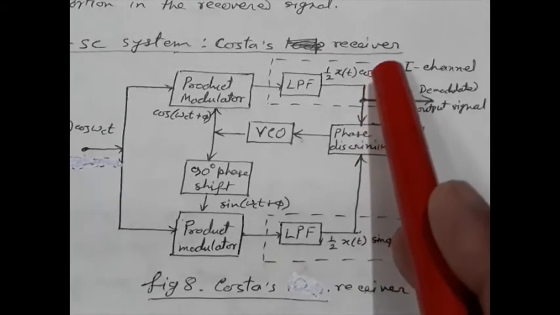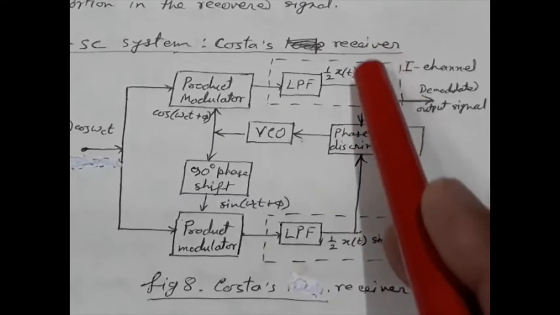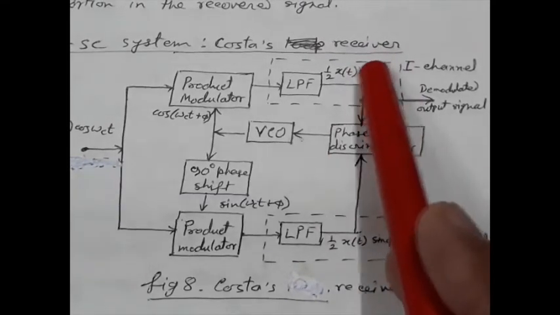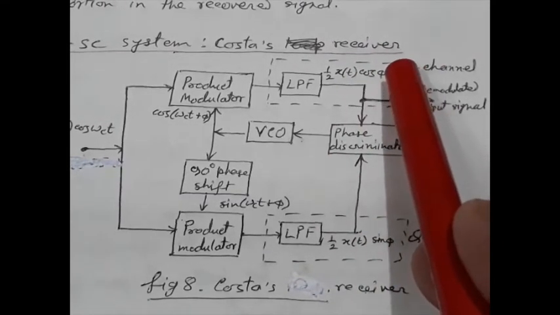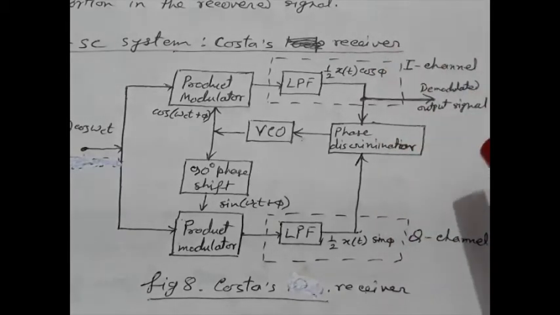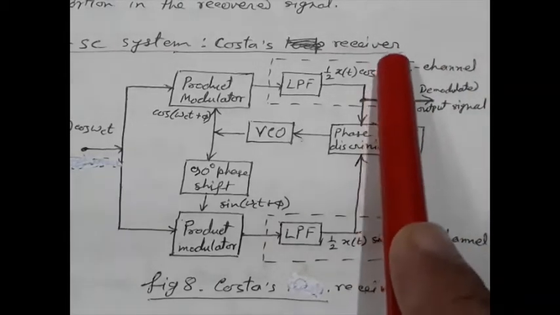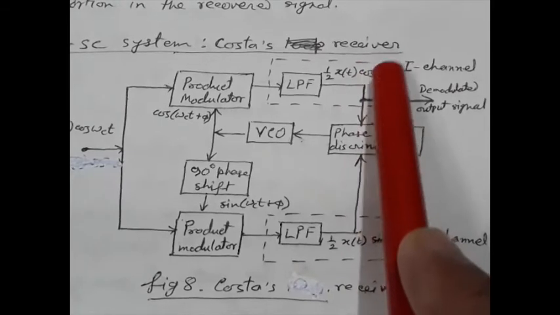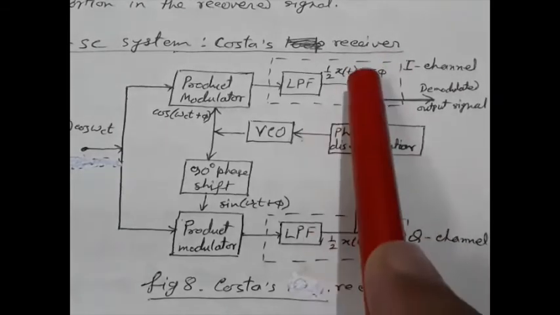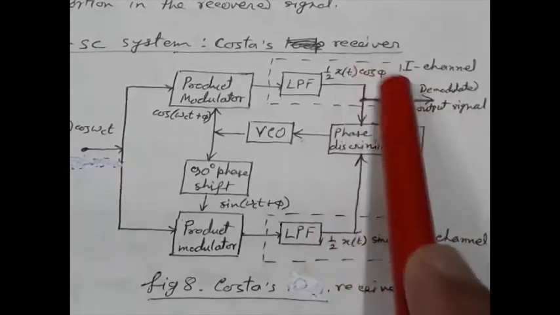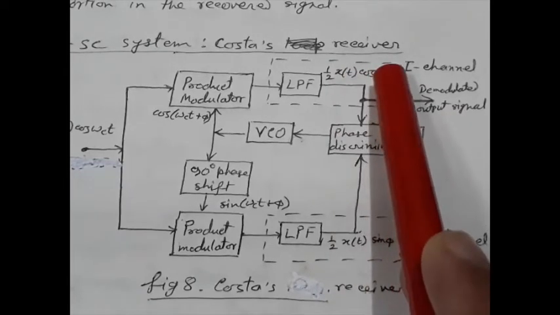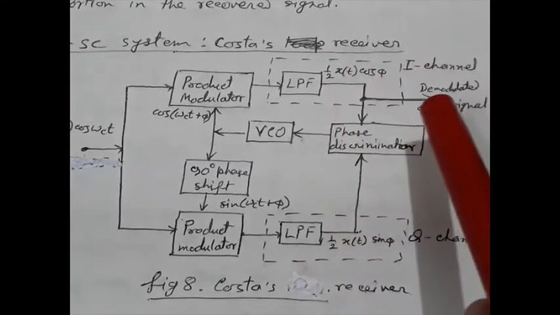If you remember a property of the cosine function, cos phi will be almost equal to 1 when phi is very small. So the variation of cos phi will be negligibly small. So the output will be almost equal to half x(t).